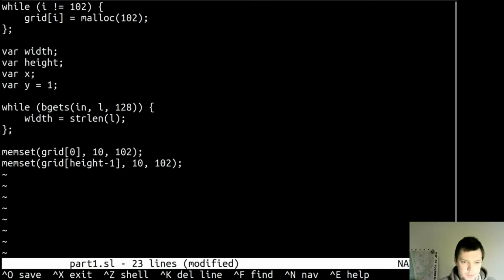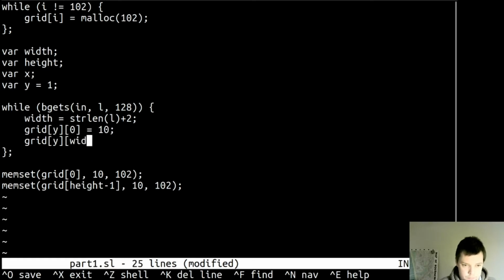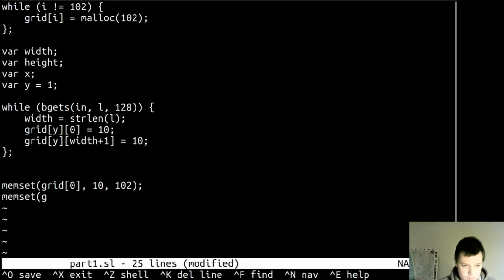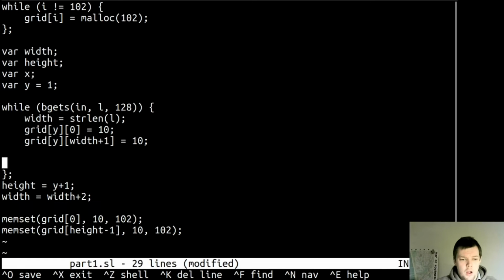So the width is actually the length of the line plus 2, because we're making up a little border of 10s. So we want to now... right.